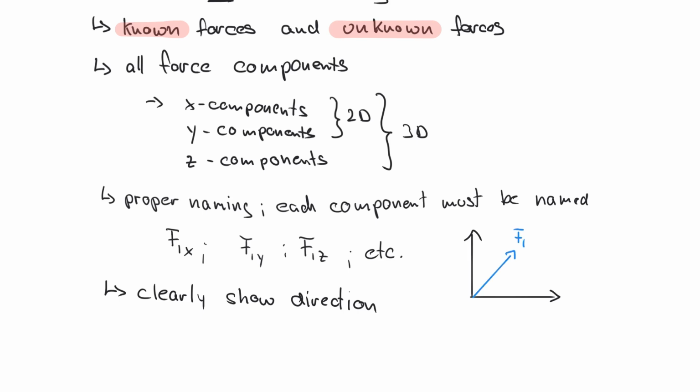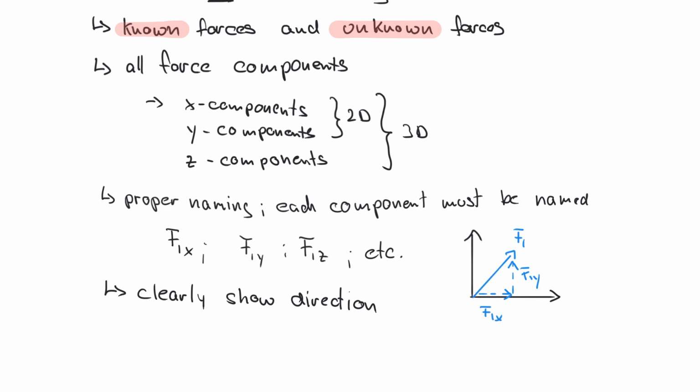And then to show the components, you would, let's say, use these dashed lines. And that is often where students stop, but that is not enough. You have to clearly show in which direction they move. So for example, you have to understand that this is going in this direction and this is going in this direction. And so to properly name this here, this would be F1Y and this would be F1X. So that has to be clearly shown.